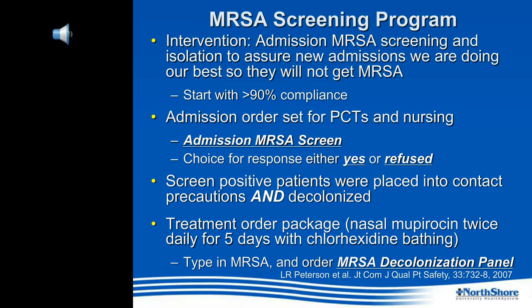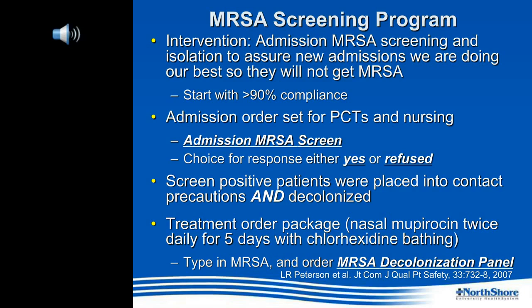We had a high threshold for compliance. We made the ordering very easy, a single click in the electronic medical record for the MRSA admission screen. And then those that were positive were put into contact precautions, and initially decolonized. We've subsequently quit decolonization because we found the contact precautions alone are satisfactory for stopping transmission.